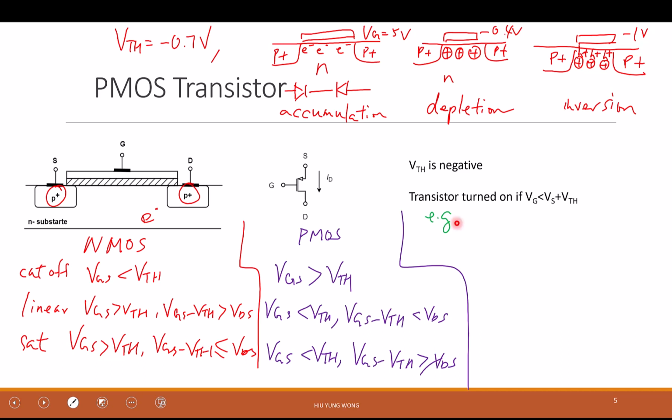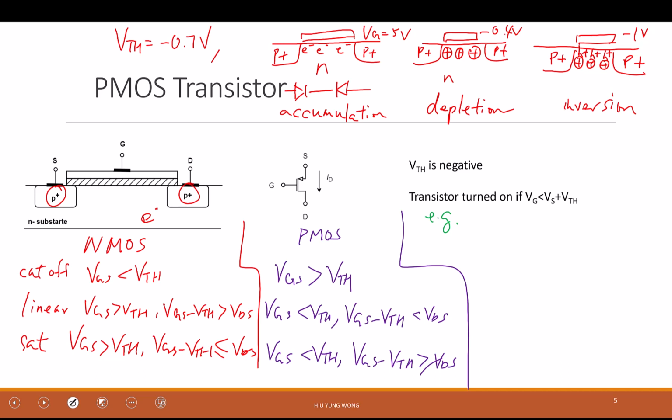Right here, I just remind you, VTH is negative. And VG needs to be less than this, which is equivalent to this one. Think about this. If I want to turn on, VGS less than VTH, do you see that? It is the same because VGS equals VG minus VS, right?